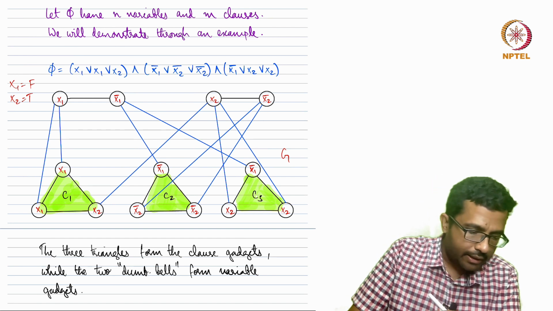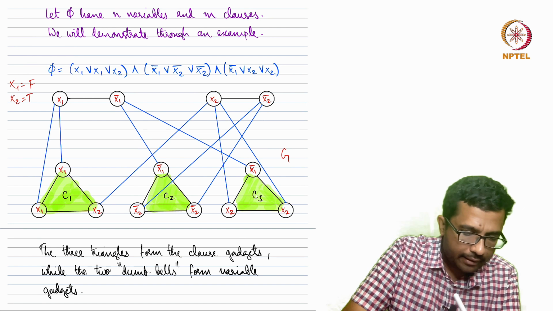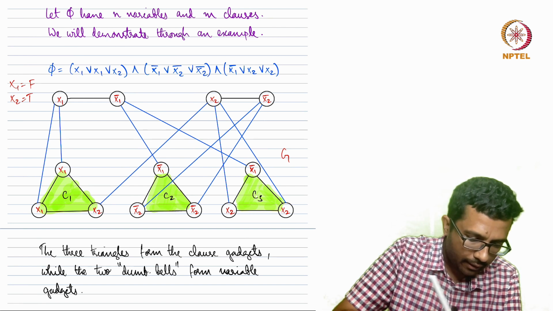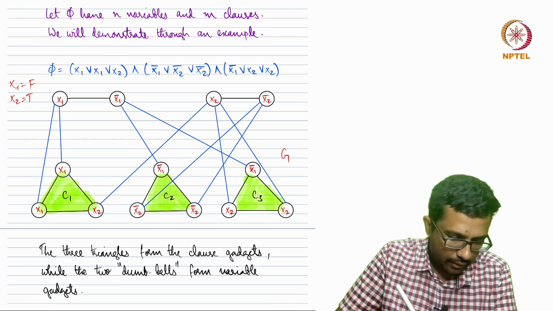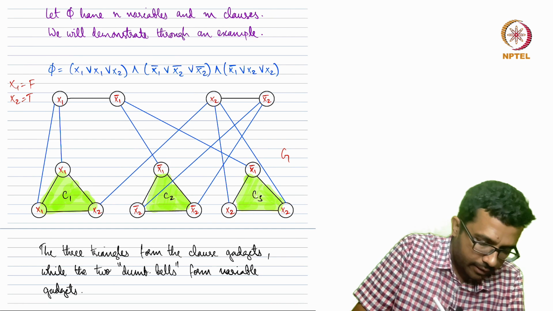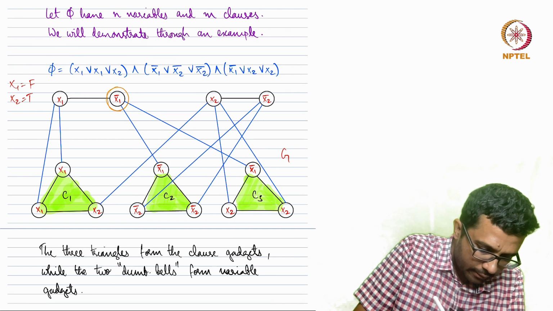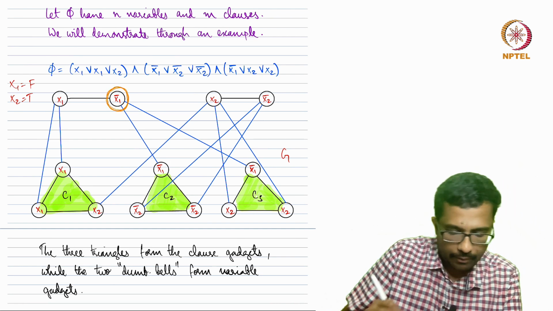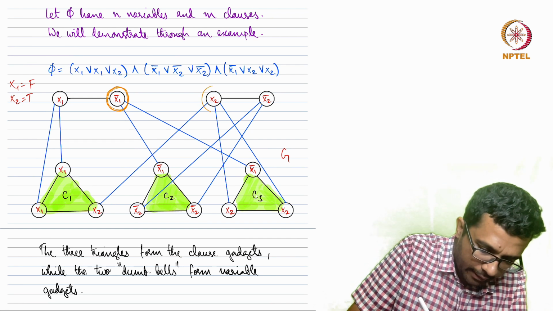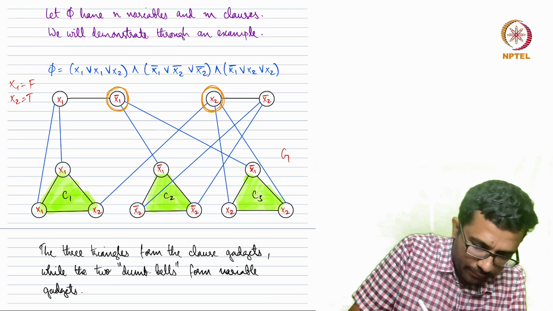Now I'll explain how to pick using the satisfying assignment. Maybe I will use a different color to pick them. So x1 is false, so we pick this x1 complement from the variable gadget. x2 is true, so we pick x2 from the variable gadget.